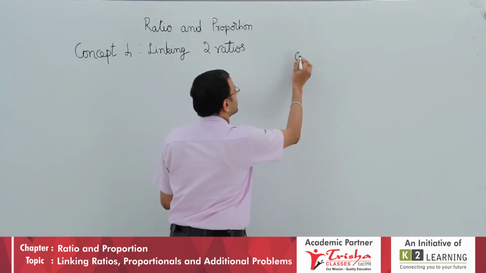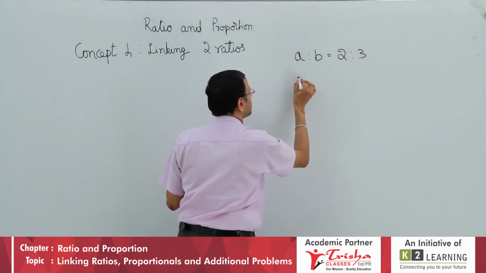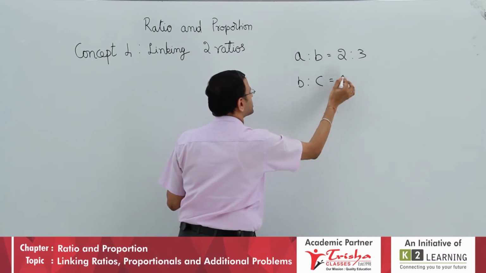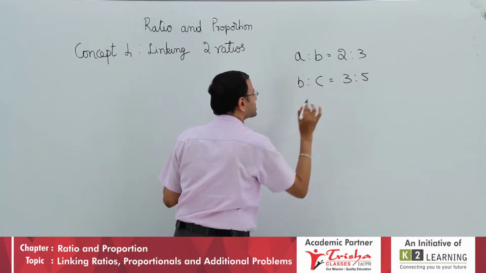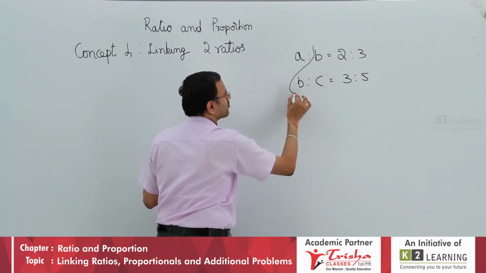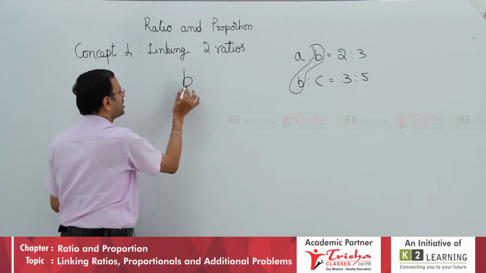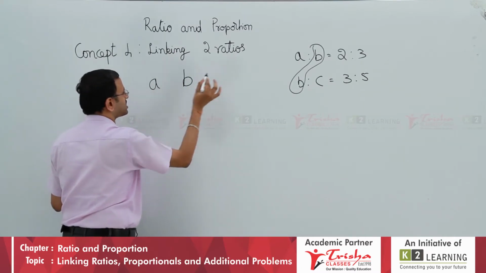A is to B, let us take 2 is to 3, B is to C, let us consider 3 is to 5. The first step is: A is to B, B is to C, what is common in both? B. You write the common element in the middle, B in the middle, A first, C next.